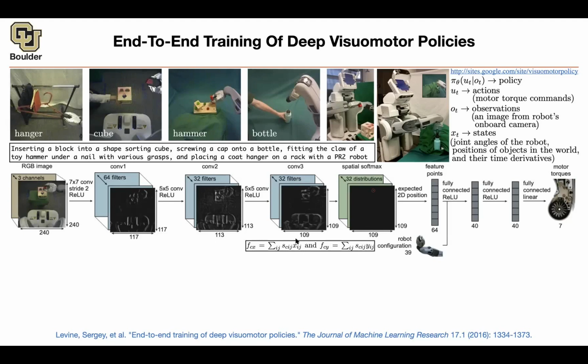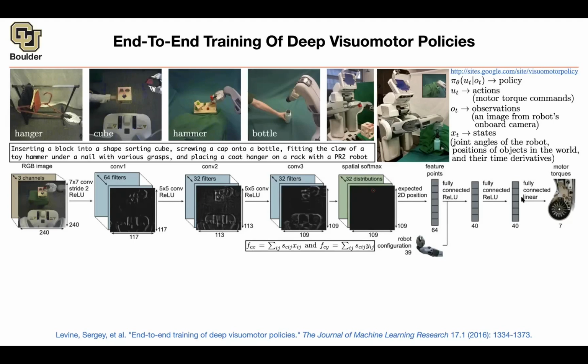So that's your x coordinate of this pixel, and that's the y coordinate of this pixel in the original image. That's why these 32 channels are going to end up being 64, because they have x coordinate and y coordinate. These 64, in addition to your robot configuration, I don't know, the angles, etc., because the robot is seeing its own hand. So it has its own information.